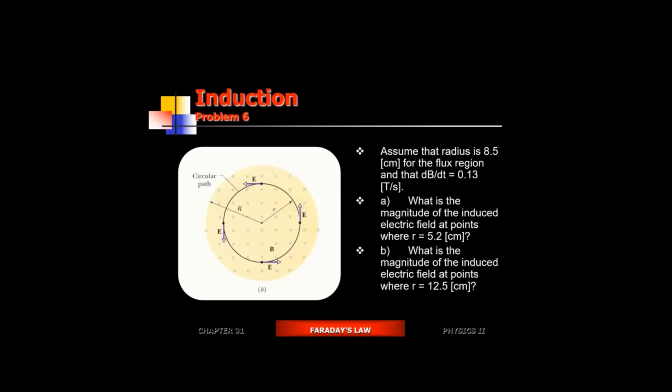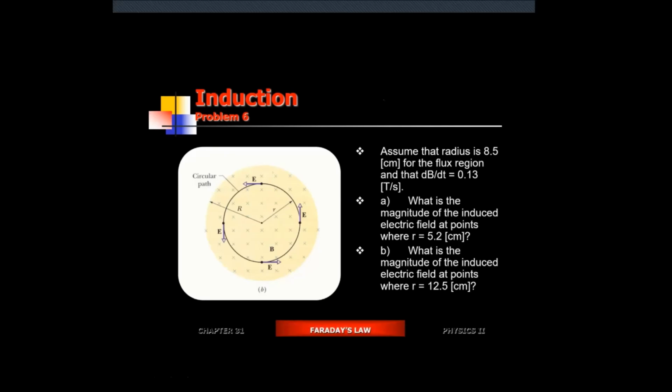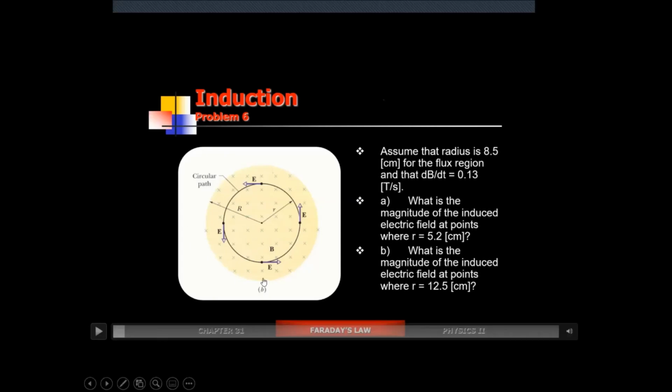This capital R is the radius of the region within which we will change the strength of the magnetic field. So the flux is going to change within this yellow region.